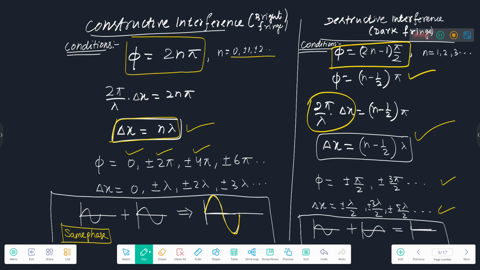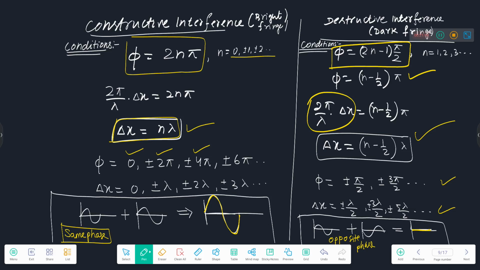And here both waves are in opposite phase. You see here, if one wave is upward, the other is downward. So these are opposite phase, and opposite phase means destructive interference. So no light comes here, a dark spot comes, no bright spot.